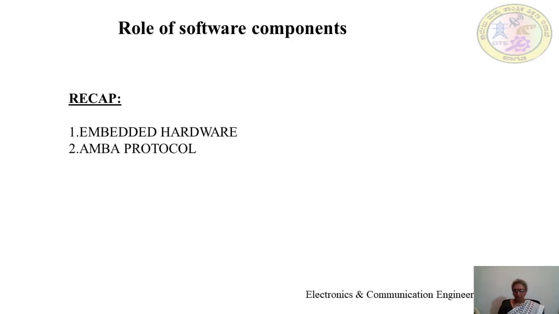AMBA protocol, or Advanced Microcontroller Bus Architecture, is the on-chip bus architecture to connect the core and the on-chip peripherals. We also discussed the various features of AMBA and the reasons for its popularity.